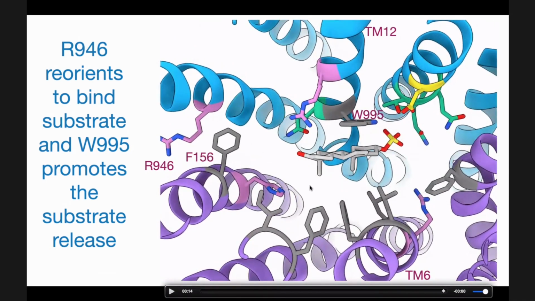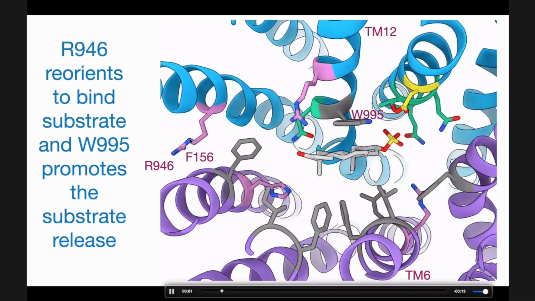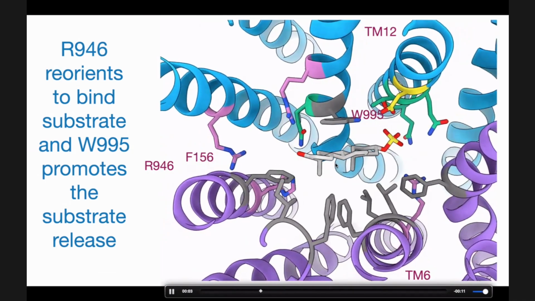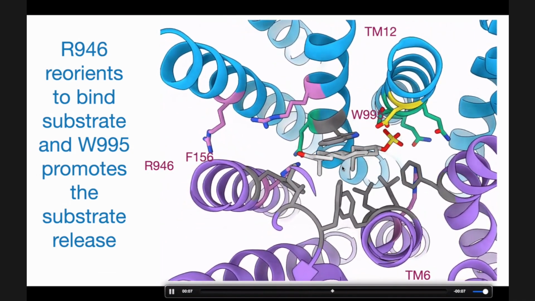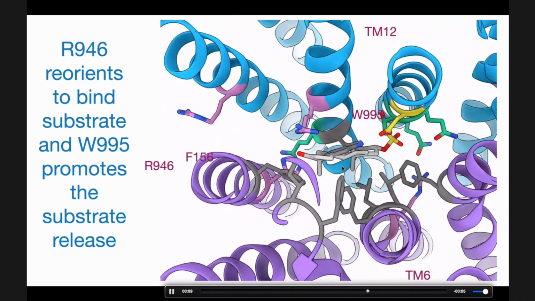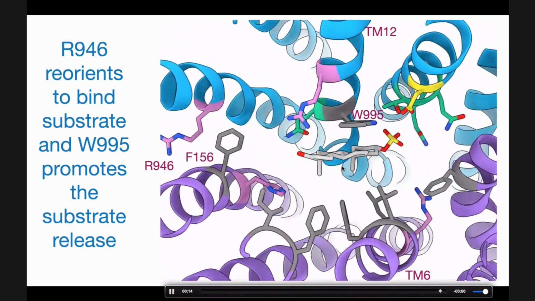I can show this video again. You see, these residues are coming in to interact with your substrate at the substrate binding site, and when the ATP binds, it pulls this substrate out. So those helices come close together and the substrate comes out.